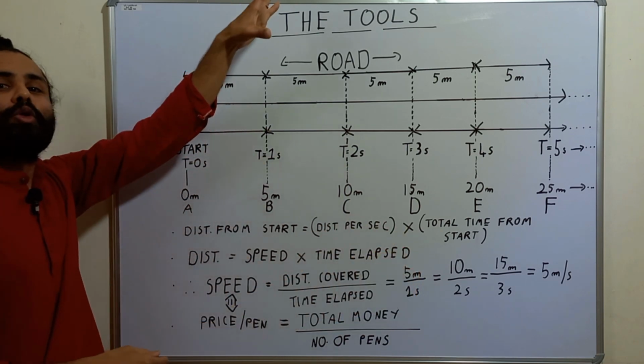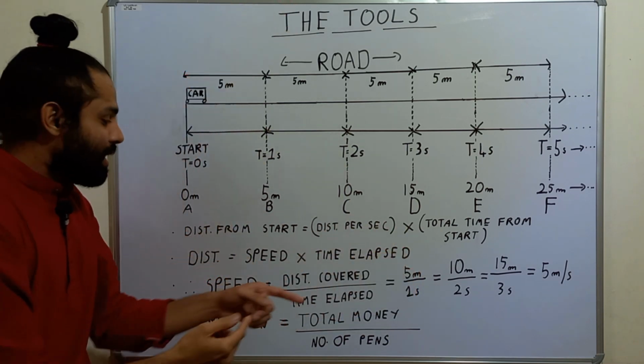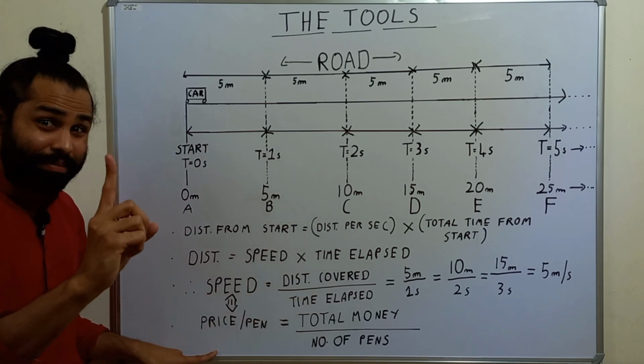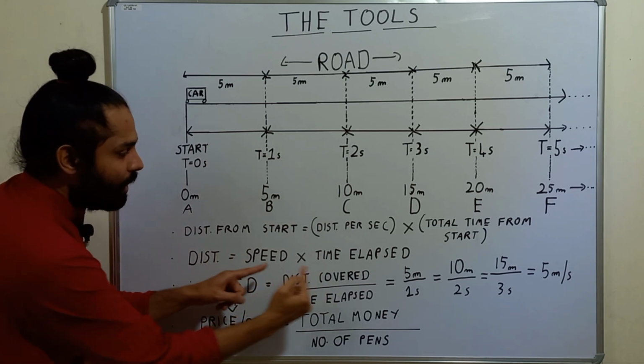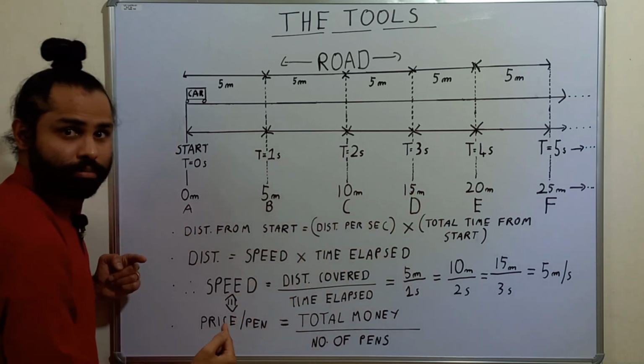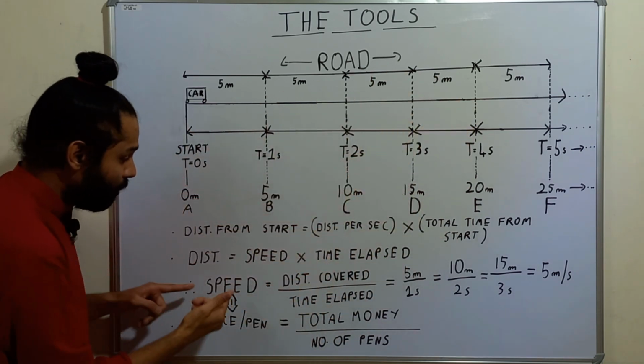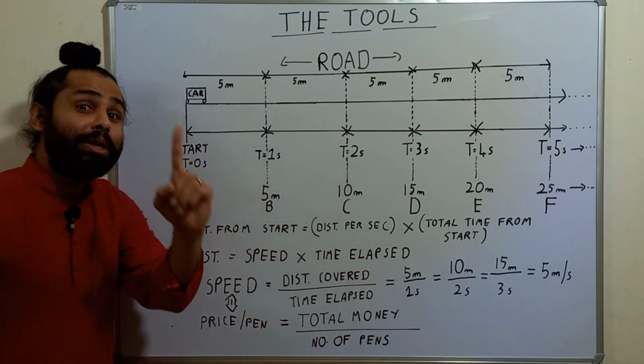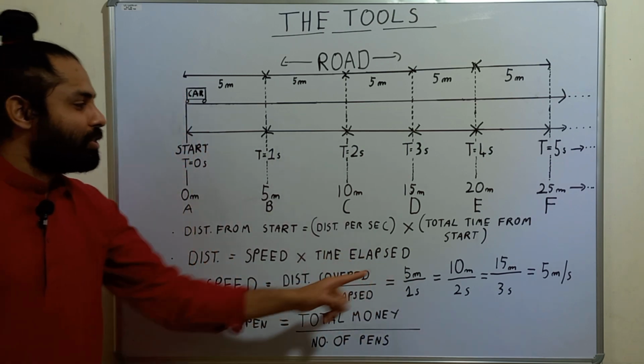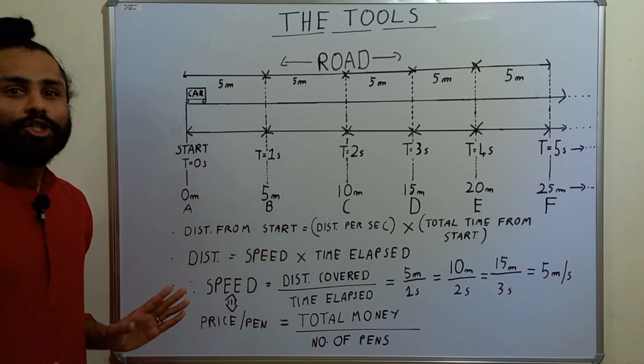So if I divide the total amount of money by the number of pens, I will get the price per pen. That's the same thing we're doing here. Divide the total distance traveled by the total time that has elapsed. Then you will find out how much distance is traveled per unit time, which is therefore what we call the speed.